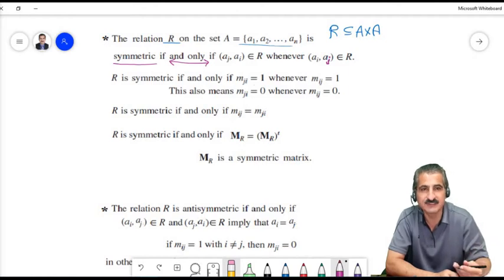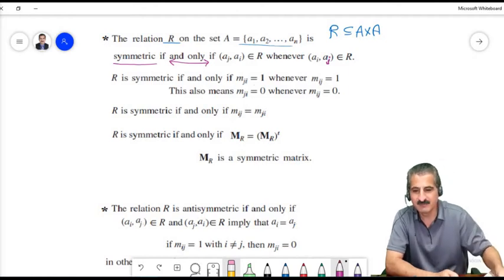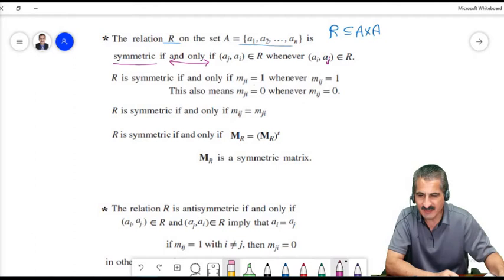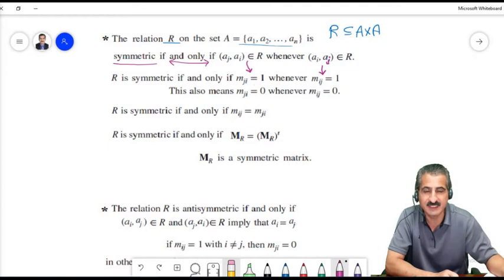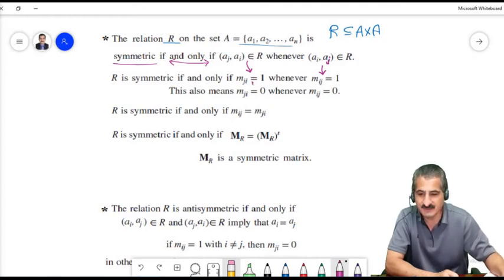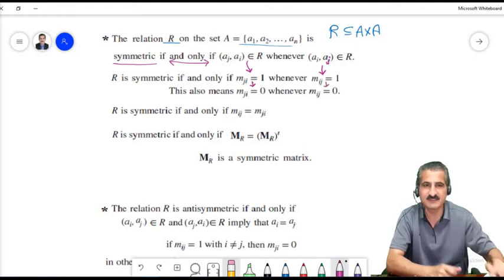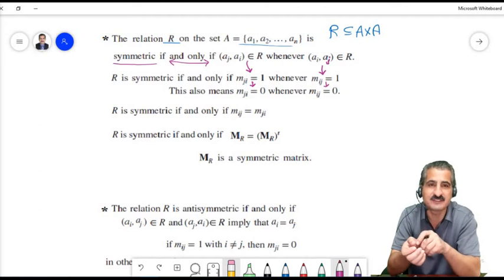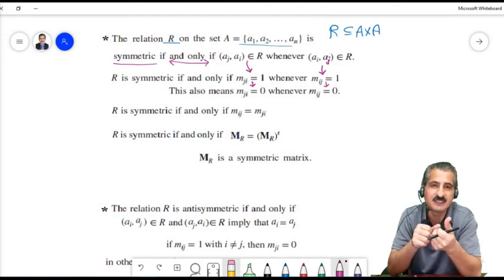the relation is symmetric. But that means now, to have this belong here, M_ij must be 1 in the ith row, jth column, and that means M_ji must equal 1 in the jth row, ith column. And also it means if we have 0 at one of these, the other will be 0. That means if a_j is related to a_i, then a_i is related to a_j.